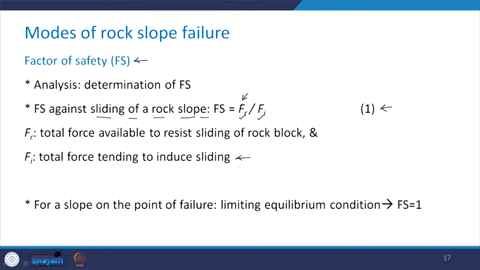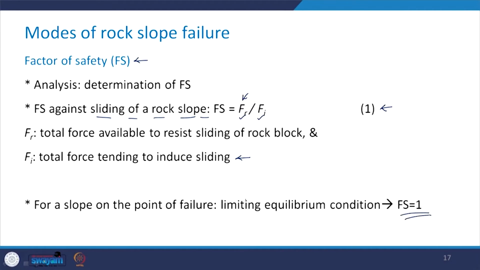So, for a slope on the point of failure, or a slope which is on the verge of failure, what is going to be the limiting equilibrium condition in terms of the value of this factor of safety? It will be equal to 1.